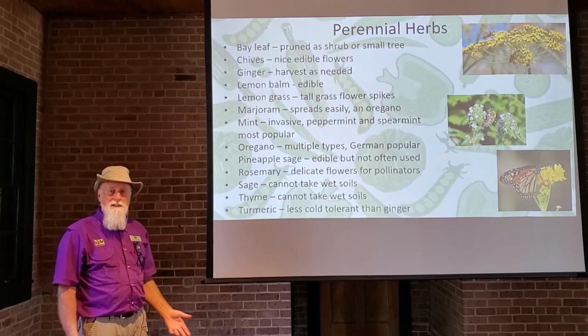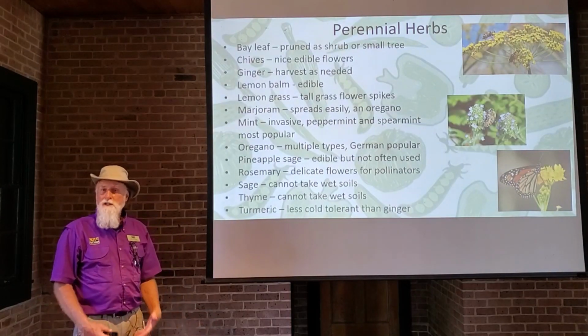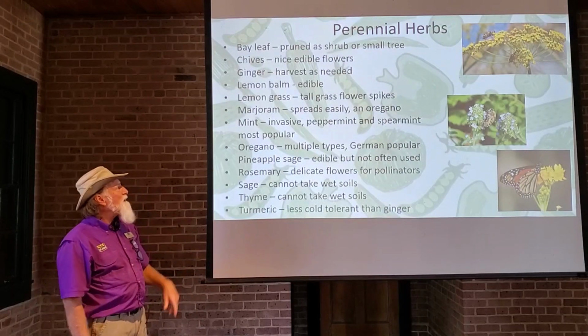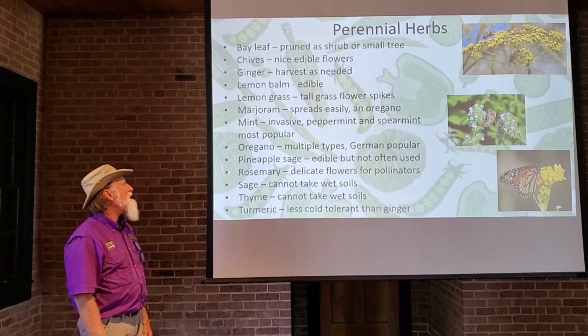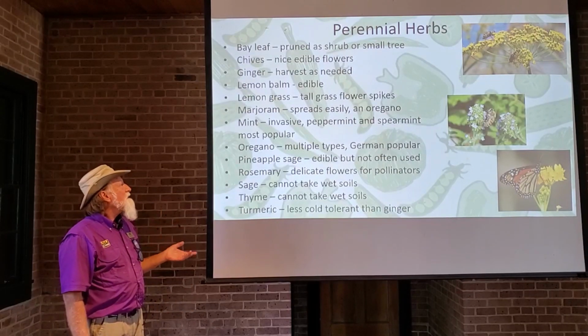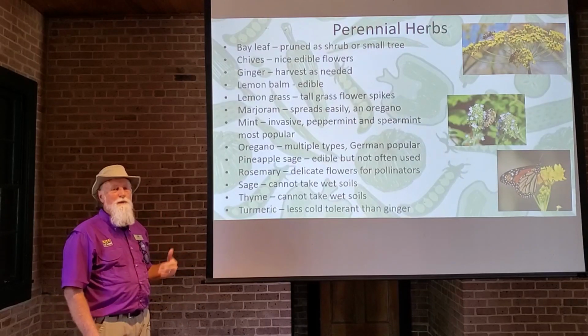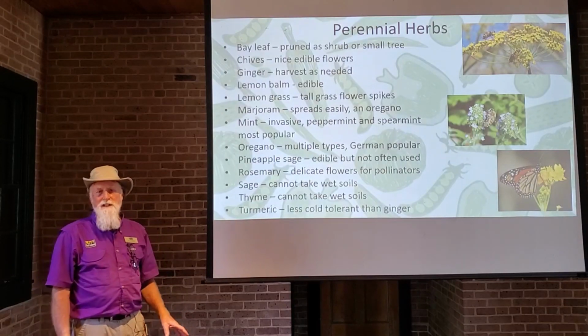Lemon balm, it is actually edible. You can use the leaves in cooking to give a lemon flavor, or you can make teas from it. So lemon balm is one that's a perennial, and it has beautiful tall flower spikes. Marjoram, it is an oregano type. The marjoram and oregano are usually separated primarily because of a little bit of the growing differences and the flavor differences.